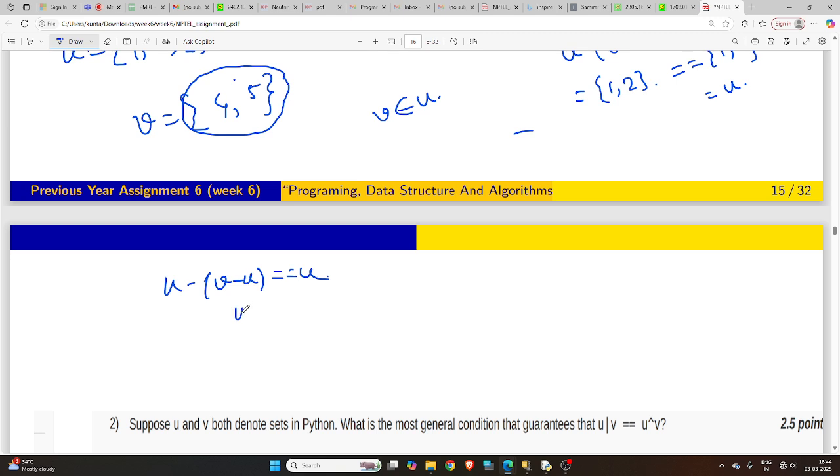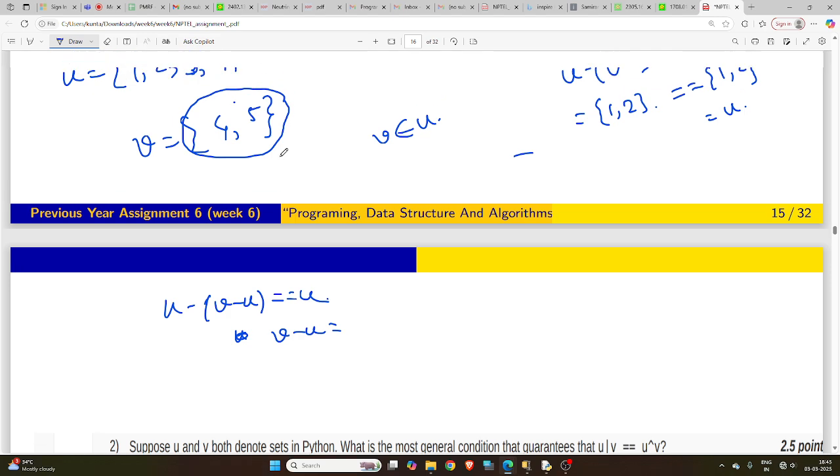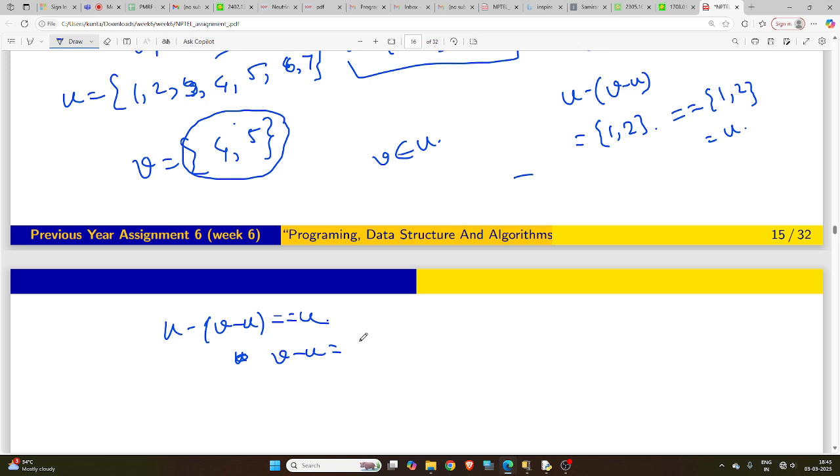Just check whether this is true or not. So V minus U will be what? For this case, it will be the null set. Why? Because V minus U means the elements of V which are not common with U. There are only two terms and they are already common, so it will give us simply a null set.